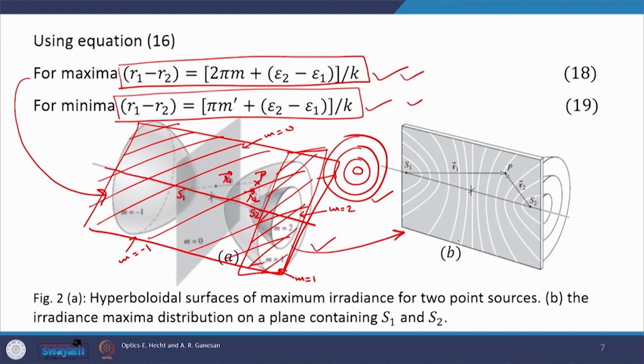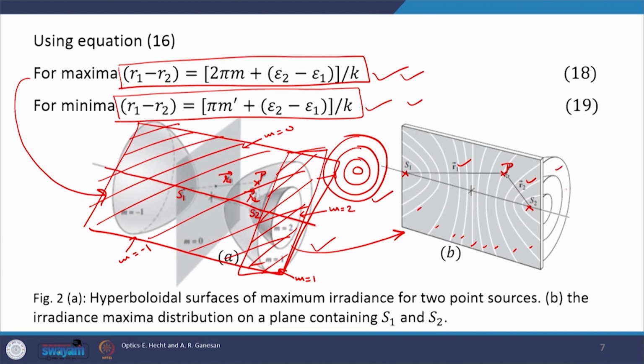Now, here you can clearly see that source S1 is sitting here, source S2 is sitting here, the point of observation P is here, and this is your vector r1 and vector r2. These white lines are the bright fringes which you observe when you cut the hyperboloid of revolution through a plane which contains this S1 S2 line.